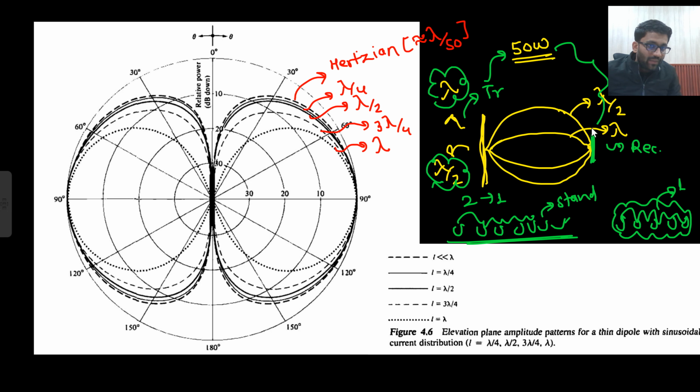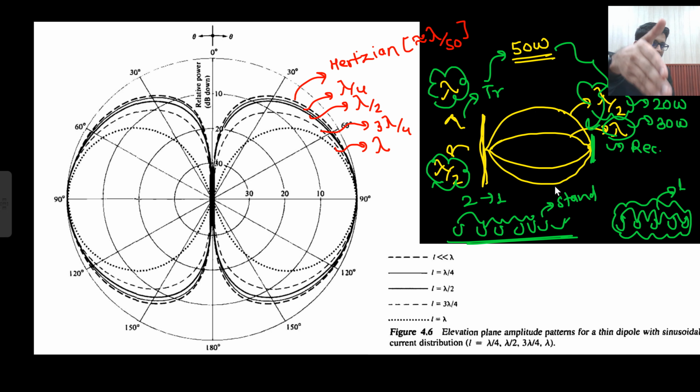But if I keep my receiving antenna here, what will I observe? I will observe that for the case of lambda length, I was receiving more power, and for the case of lambda by 2 length, I was receiving less power. That means if for lambda by 2 length I am receiving, let's say, 20 watt power, then for lambda length I will receive 30 watt power. Are you getting this point?